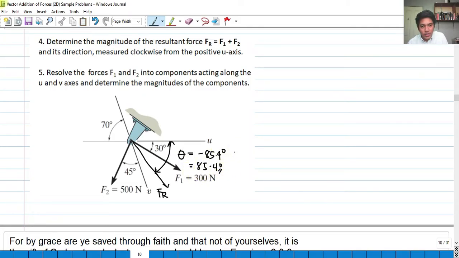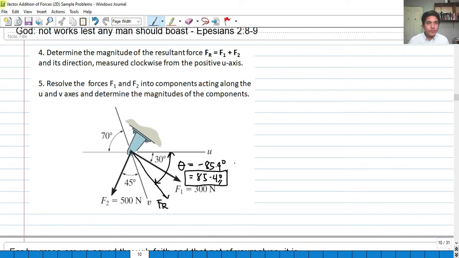So that should be the direction of our resultant force. And of course, the problem is actually asking us to measure clockwise. If it is measured clockwise, then this angle would be positive, because it states that if we measure it clockwise, then the angle should be positive. So the result should be 85.4 degrees.